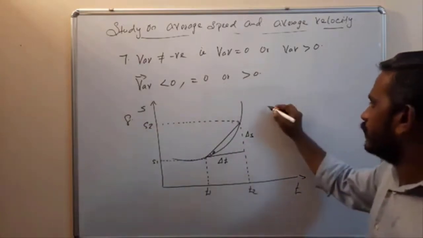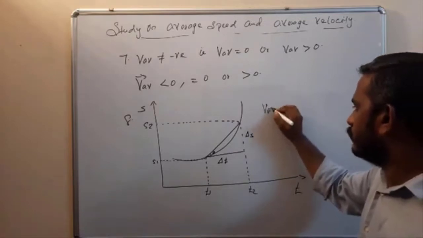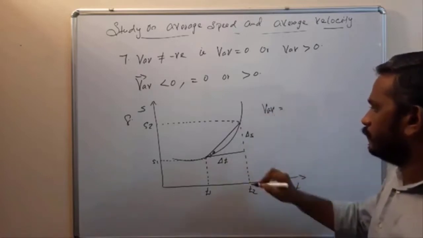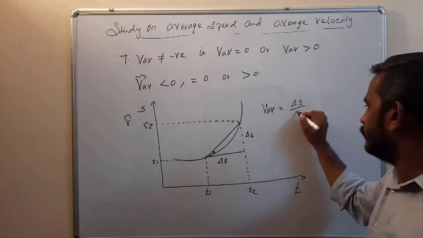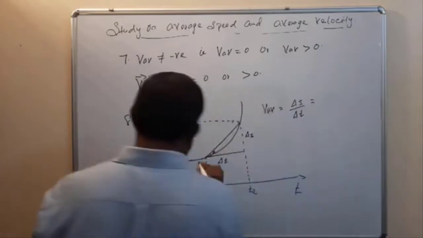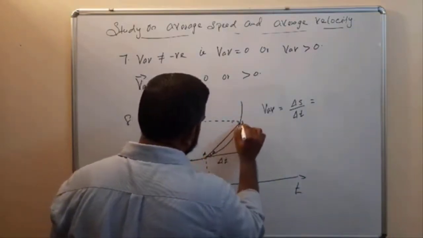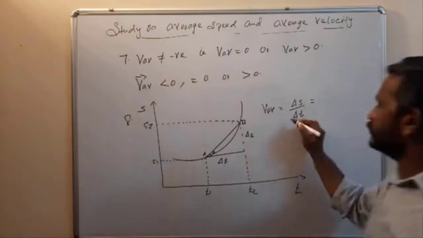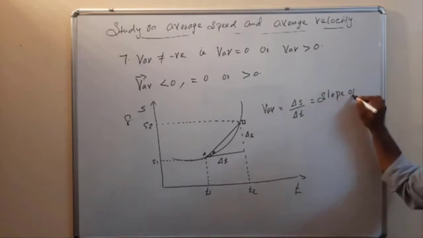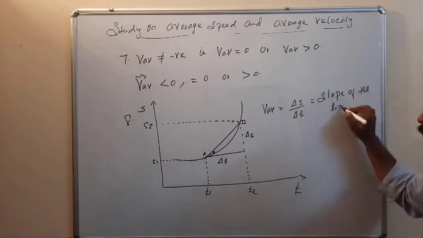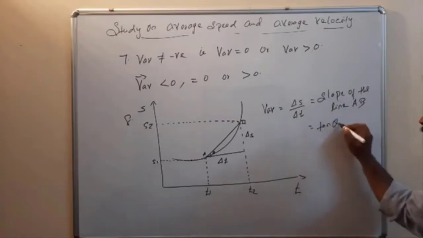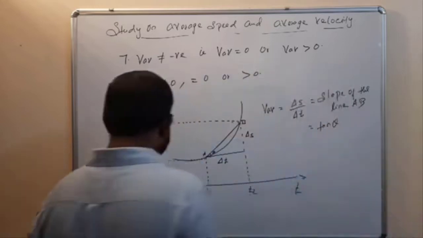From this graph, average velocity or average speed is equal to delta S by delta T. Taking the line AB, V average is equal to delta S by delta T, which is equal to the slope of the line AB, that is tan theta.